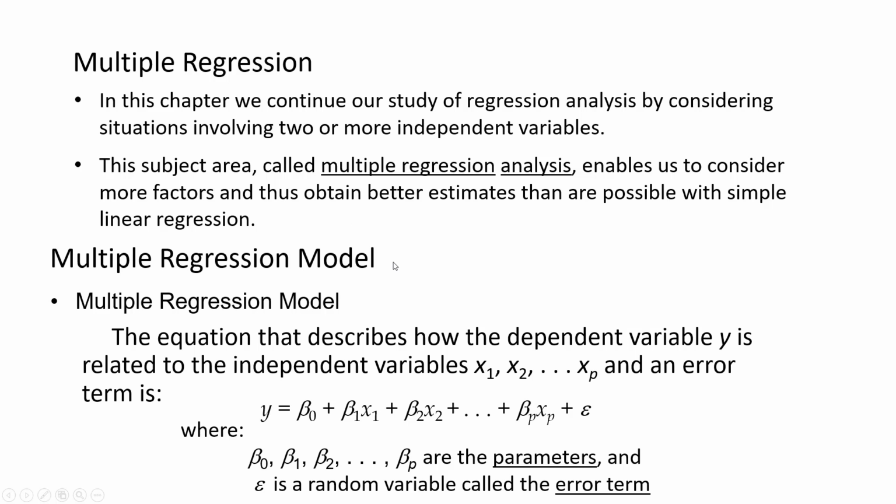So, the multiple regression model. As we constructed the simple regression analysis in the previous lectures, the multiple regression equation describes how the dependent variable y relates to the independent variables.